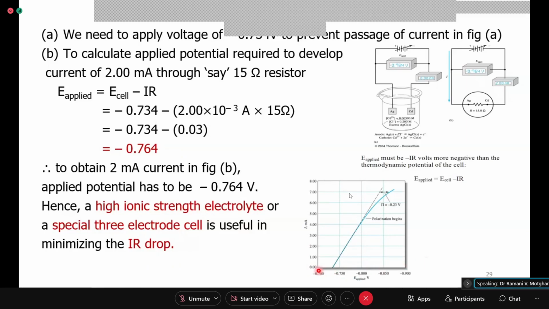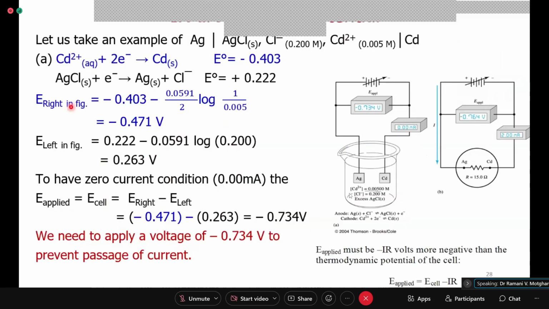Okay, so this is what is seen if you go for this. This is your E applied and this is the current obtained. So when you apply a potential up to this minus 0.7, this is the thermodynamic, the theoretical value which is calculated. The theoretical value will be this plus this.